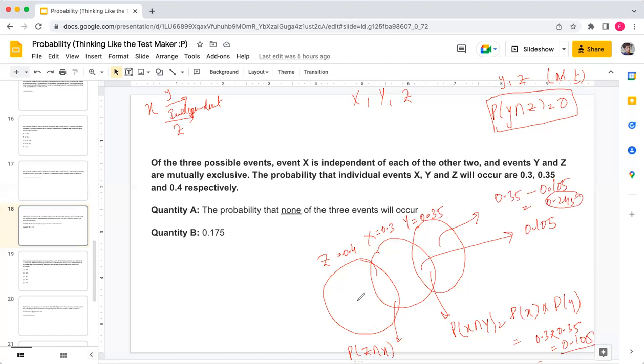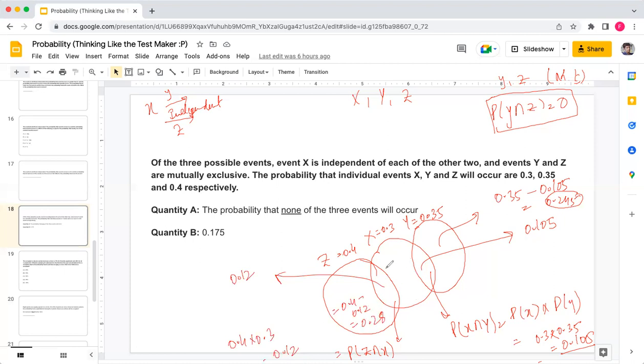Now, if you talk about Z and X, these two are also independent. So the probability of Z and X will be 0.4 times 0.3, which is equal to 0.12. So this is equal to 0.12. So what will be this? This will be 0.4 minus 0.12, which is 0.28.